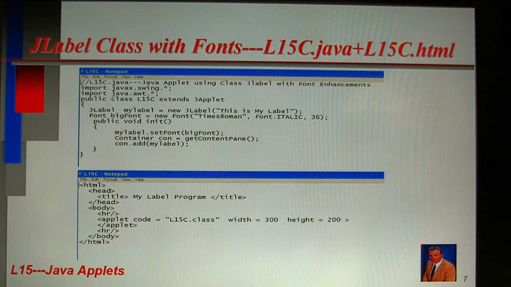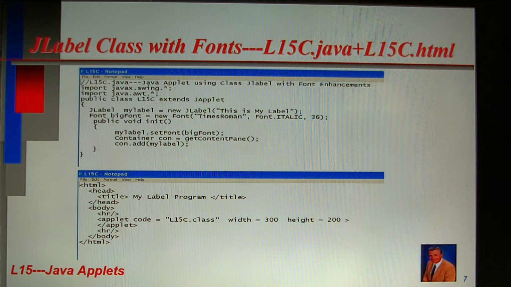Note the object hierarchy dot syntax, where setFont is a method included within the class instance called mylabel, where mylabel is a class instance of the JLabel class. Since the setFont method call passes the class instance bigFont as an argument, the class instance mylabel inherits the font properties of the class instance bigFont, namely a Times Roman font, an italic font style, and a 36-point font size.